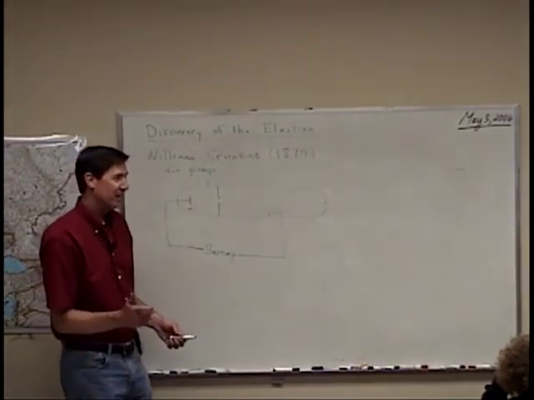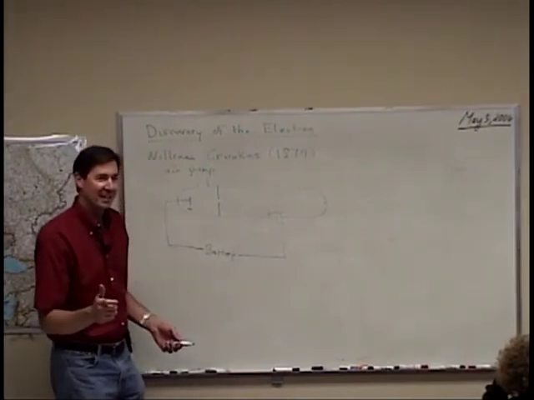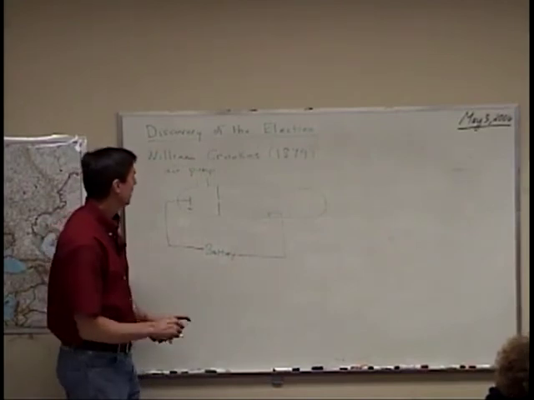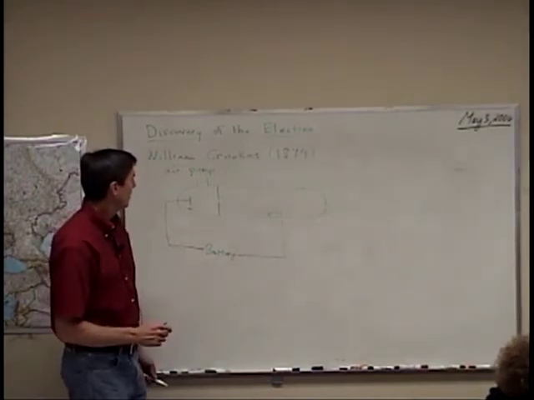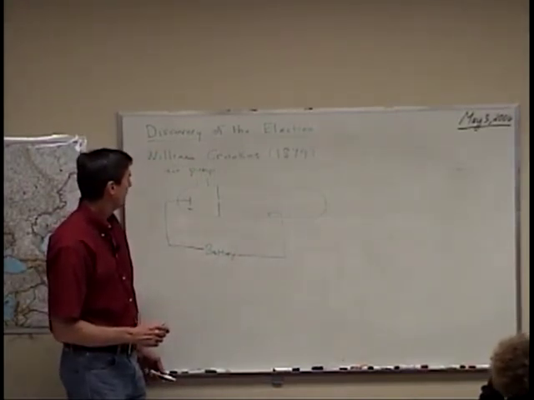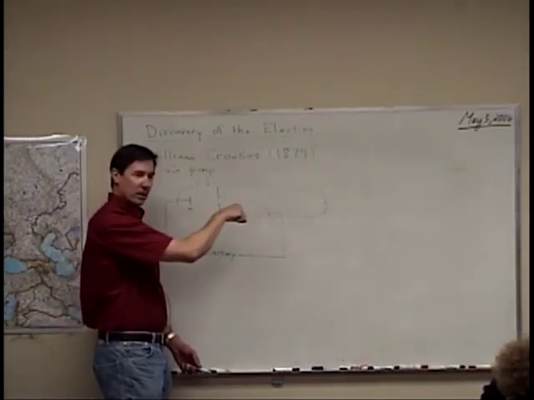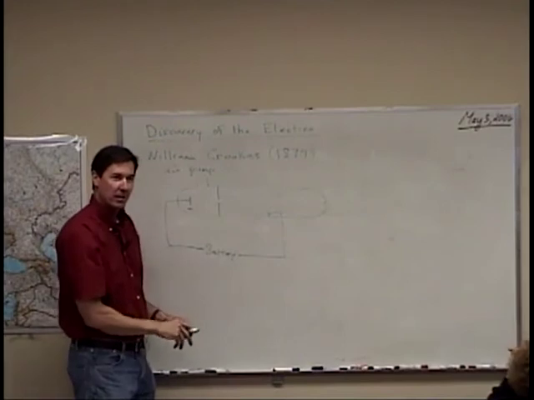He just took a magnet, and let's say you've got a bar magnet, and you approach the tube with the north pole of it. So what's that going to do?